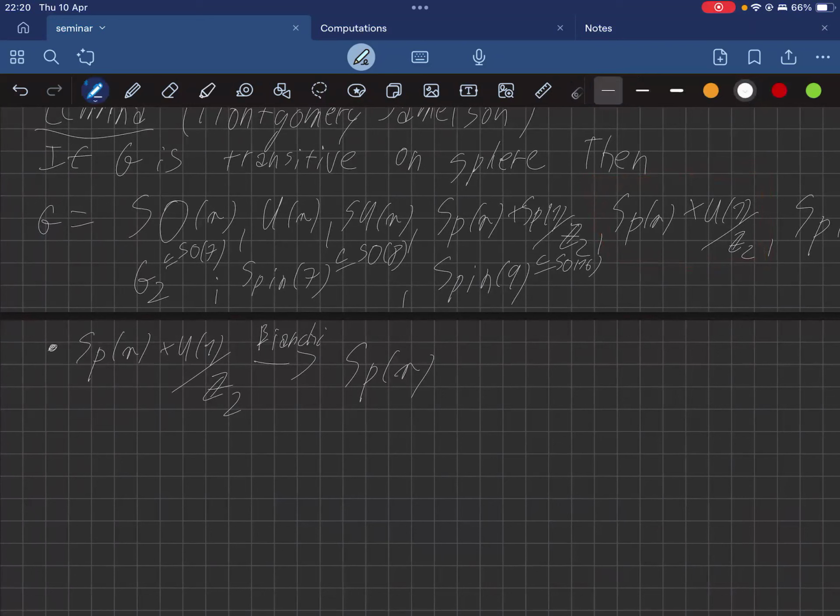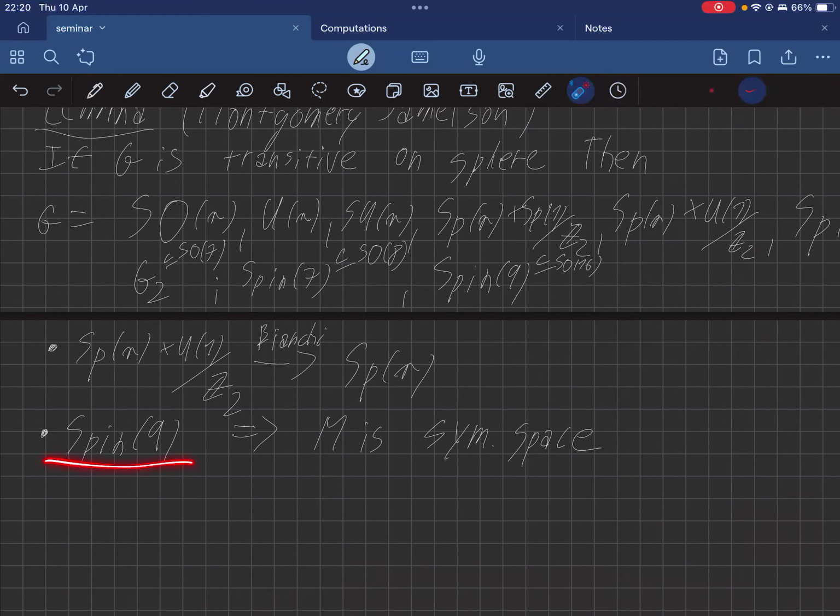And the other case that doesn't happen is Spin(9). And this actually again implies that M is homogeneous. It's a symmetric space. So what happens in the Spin(9) case?